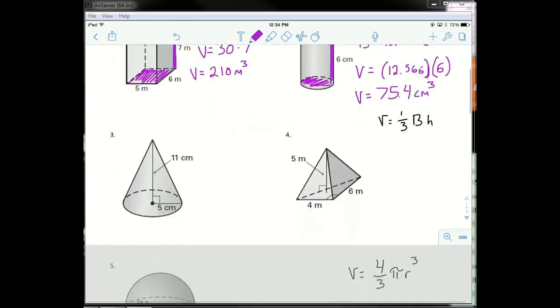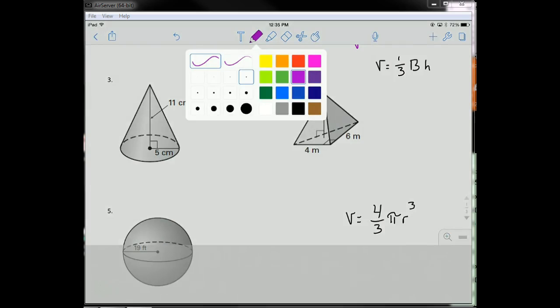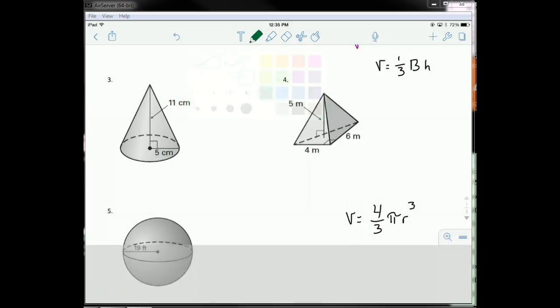For the next 2 shapes, really not a lot's going to change. We're still going to find the area of the base. But this time we need to take a 1/3 because of the base forming to a point on the other side. So we start with a circle still on the bottom. I'll change colors here. We start with a green. Okay, on the bottom that has a radius of 5.